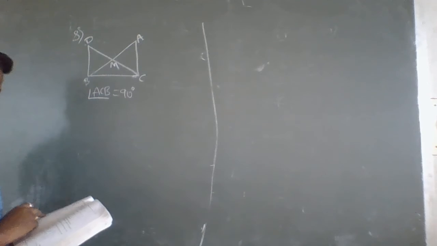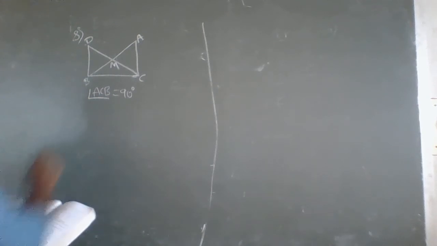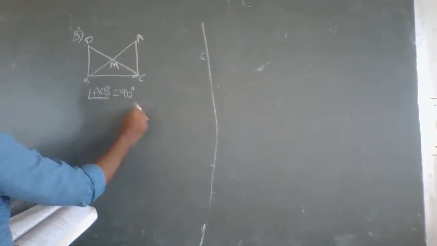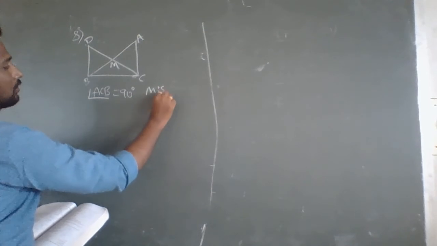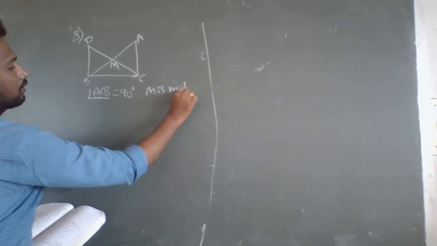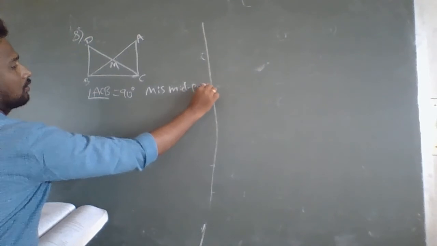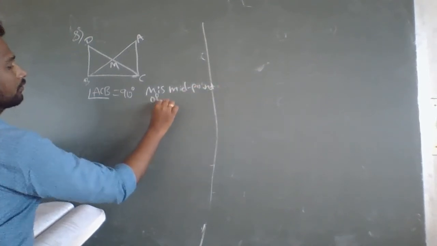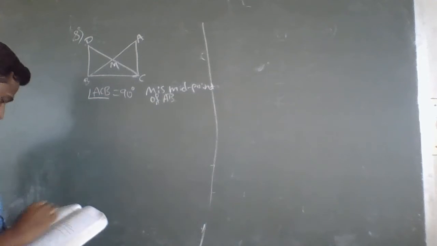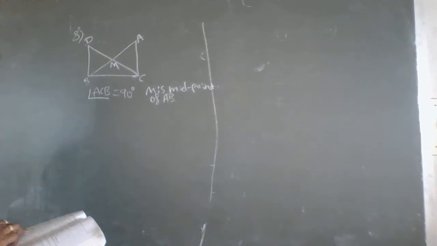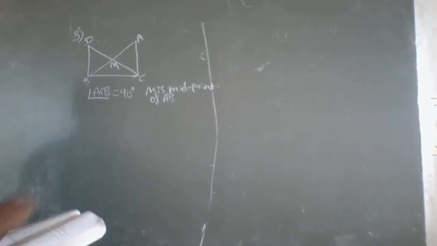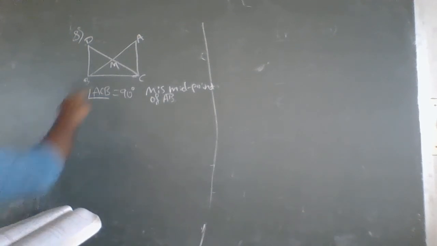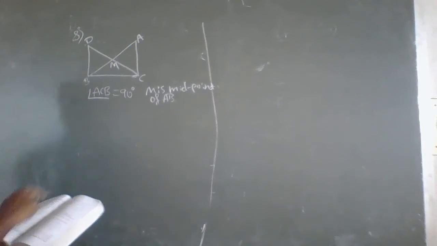M is the midpoint of hypotenuse AB. Therefore, M is the midpoint of AB.